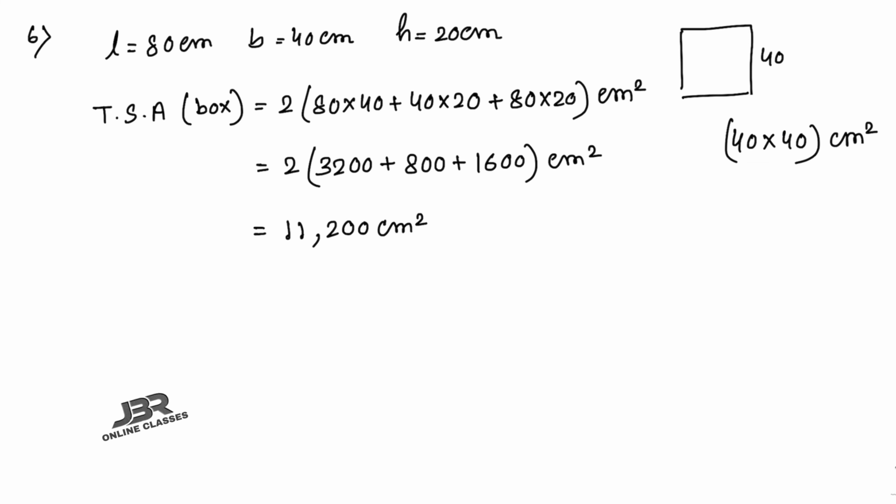So the number of sheets equals total area divided by area of the sheet. Cancelling out, that means 112 divided by 16, which is 7. So the number of sheets equals 7. That is your answer.